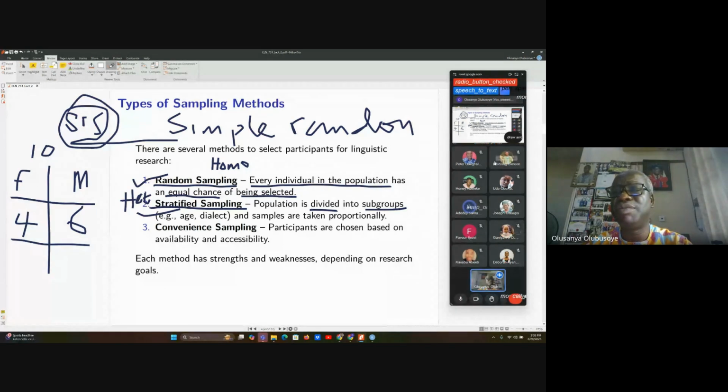We could also group by language or dialect. I know in this class there are people speaking different dialects. And then we will select from each group. That's stratified sampling.